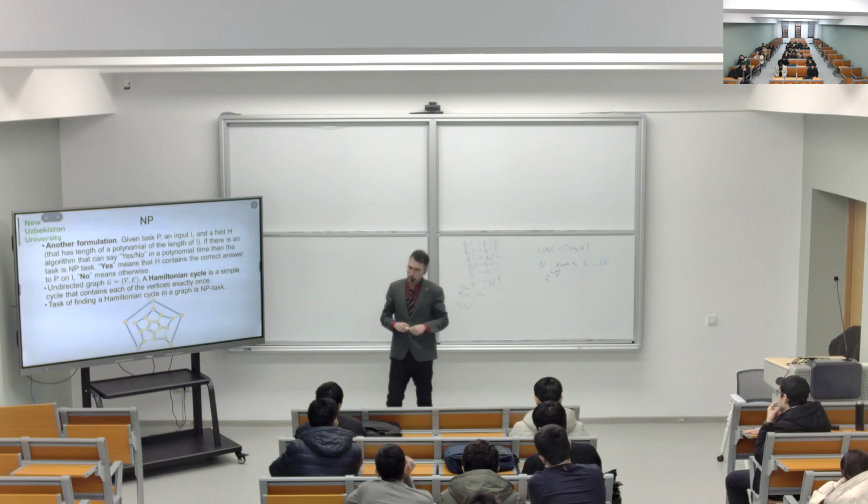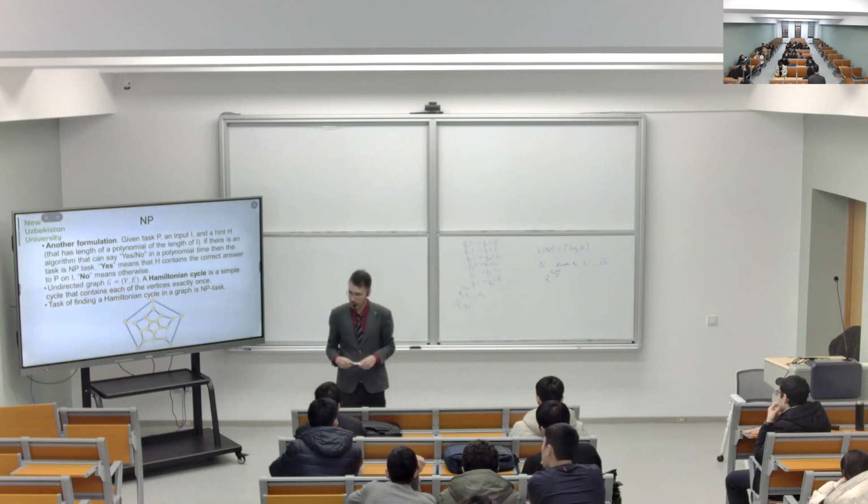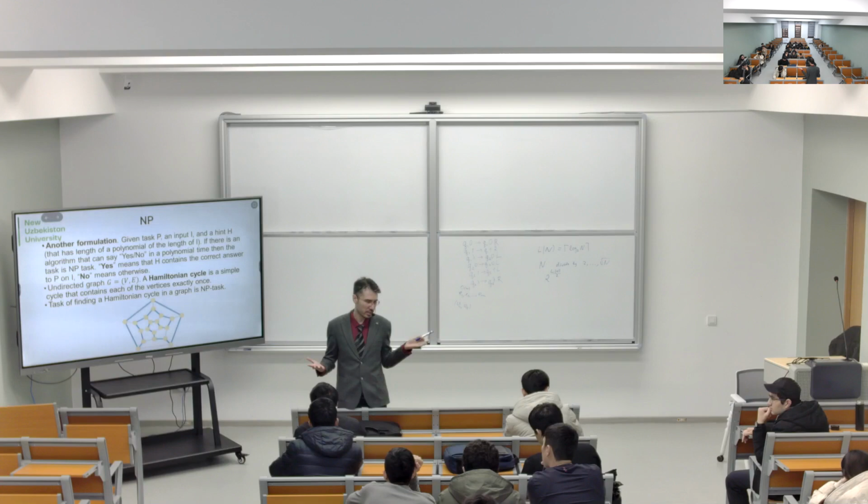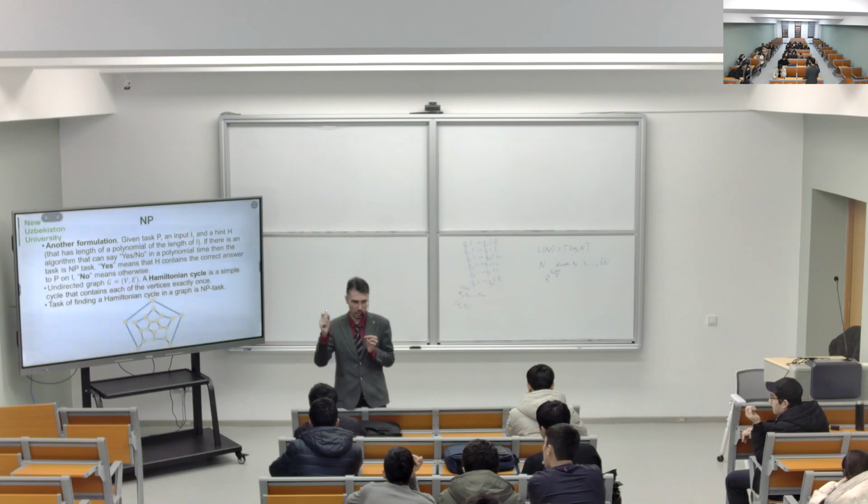Okay. We need to find a Hamiltonian cycle, so the graph must have at least one cycle, yes? It doesn't make sense to check a graph that doesn't have cycles that include all the vertices. So what is the length of the simple cycle that includes all the vertices? N, where N is the number of vertices.